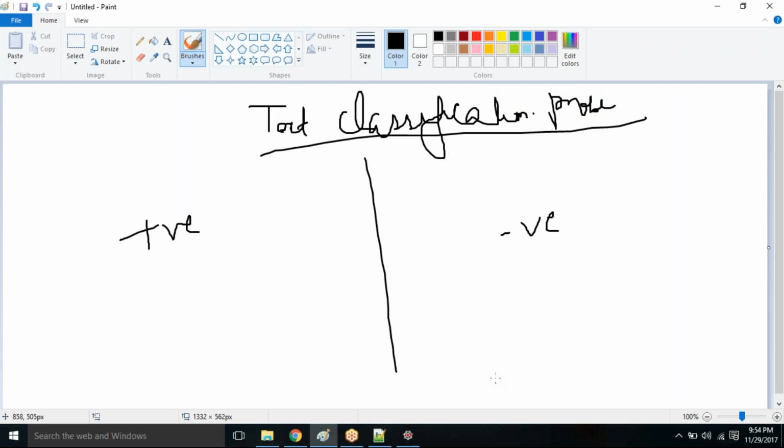Instead of conventionally making a dictionary of positive and negative words and doing all those things, what people came up with is that we will use some features. We will convert these texts into some vectors.